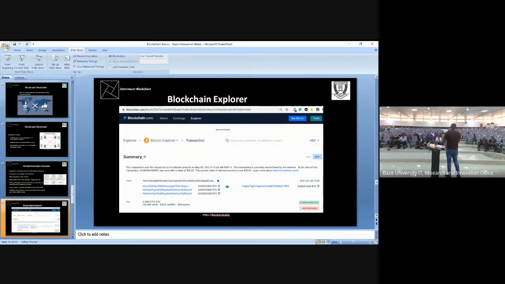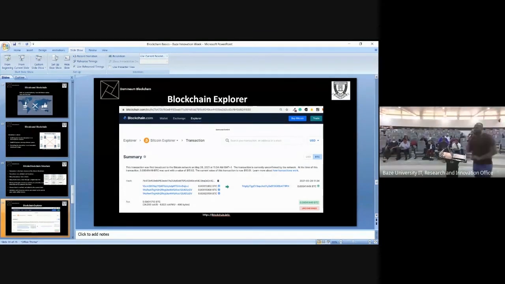In fact, if somebody knows your address, let's say your Bitcoin address, they can just go to the explorer and look at it. Oh, this guy has such an amount. It's public for the Bitcoin blockchain. And in this one we are looking at first, we see a single transaction, and that's a hash.